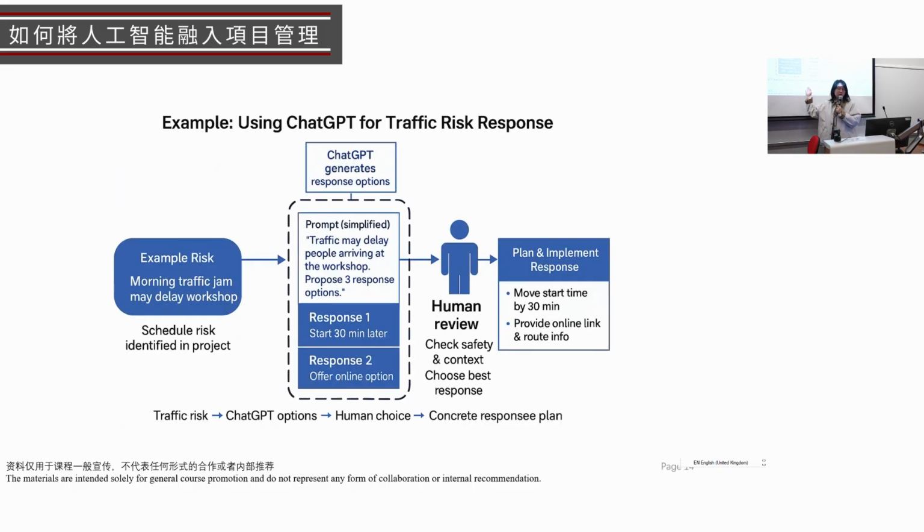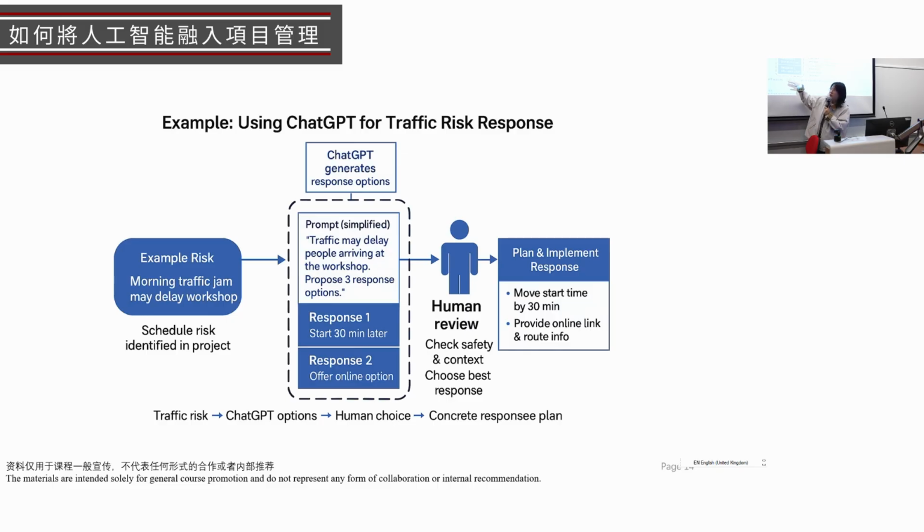So it is a simple case in the AI assistant framework. If you organize a workshop and you identify one risk, the morning traffic jam, which may delay the workshop, then with AI support you may select ChatGPT or any suitable AI tool.